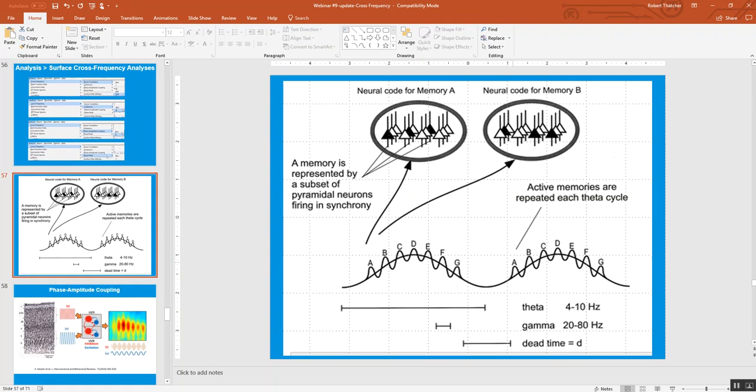Now, another area I've not talked about is the phase amplitude coupling. This is an example from Jensen et al., where this slow rhythm here is theta. Riding on top of that rhythm are beta bursts.